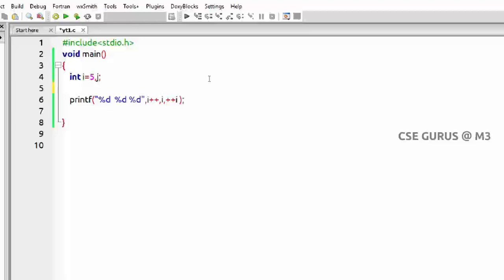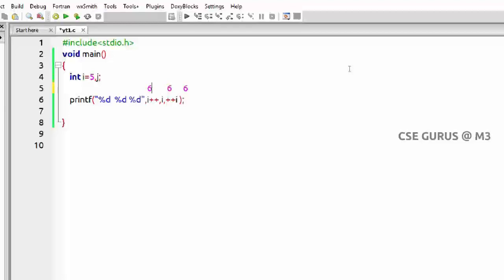Now I am explaining the output you get when you execute in Turbo C. The 5 with ++i will become 6 here. Now i value 6 will be taken with this i, and with i++ post-increment, here also 6, and afterwards i value will become 7 after printing, right?